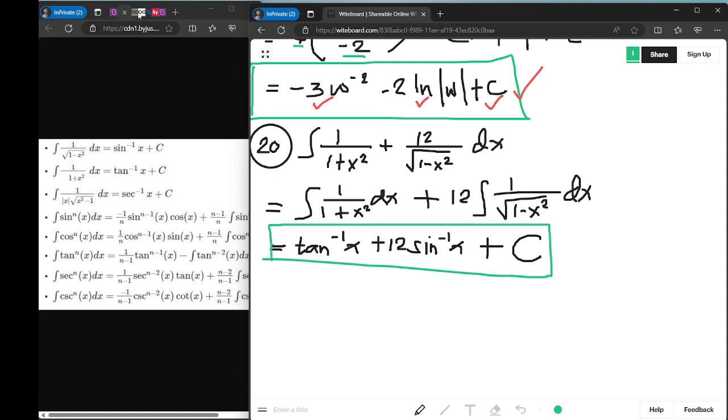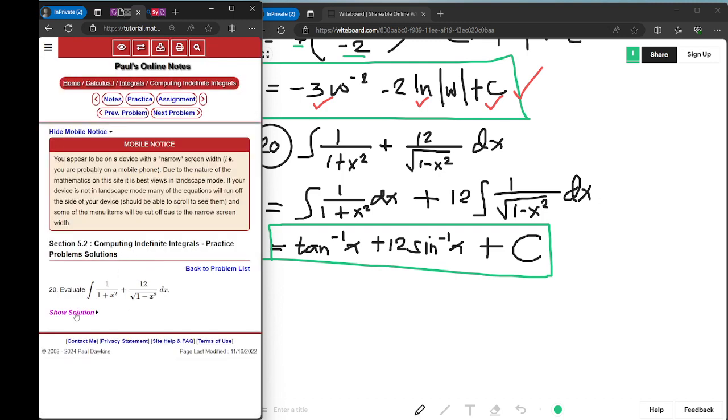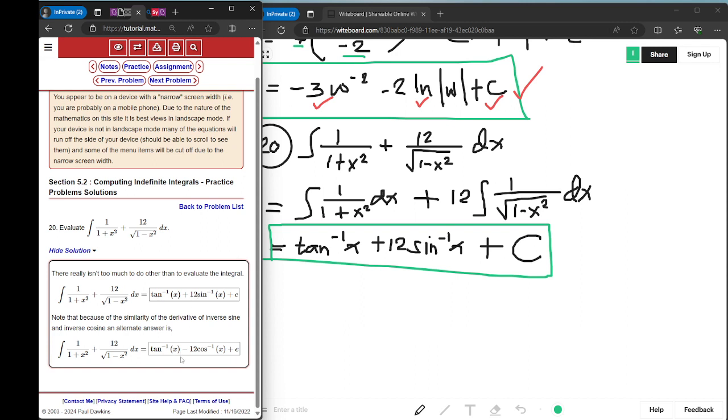So let's check. What's the answer to number 20? There really isn't too much to do other than to evaluate the integral. So that's arctangent of x plus 12 sine to the negative 1 of x.